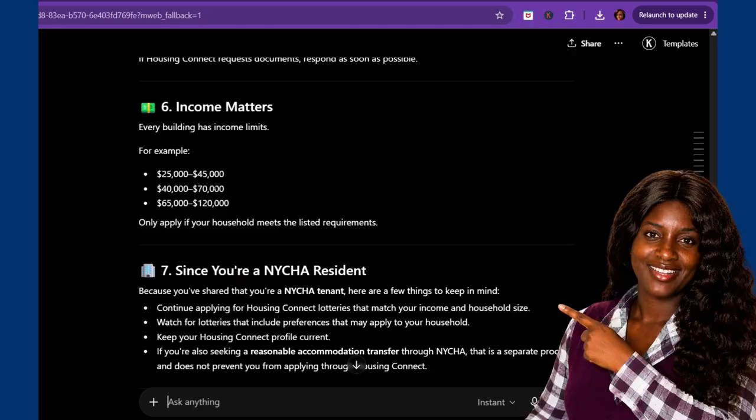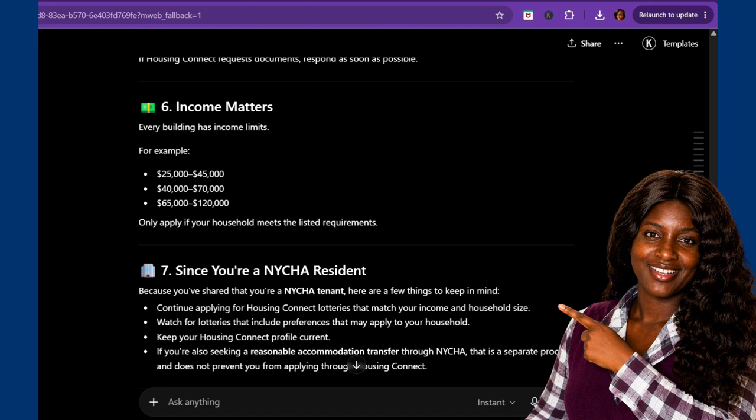And each building is different. Sometimes the listed income requirement is much higher than $120,000. I've seen it as high as almost $300,000. Okay? So just apply to what applies to you, okay? Whatever the requirements are, make sure that you are eligible for it, okay?